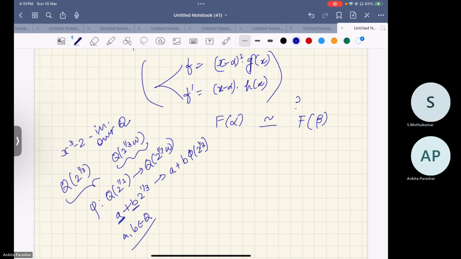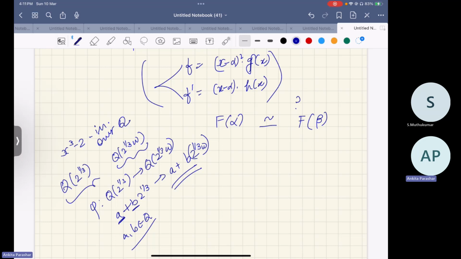Of course, root has to be mapped to root. That you know, right? The root is nothing but 2^(1/3) omega, so you can simply map it to 2^(1/3) omega. Is it a one-one onto homomorphism? All the properties are satisfied.